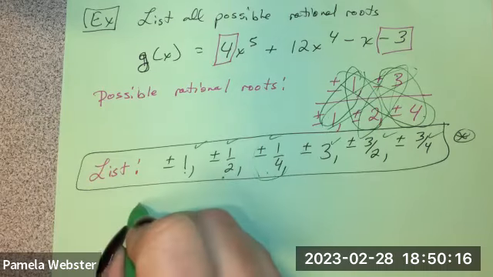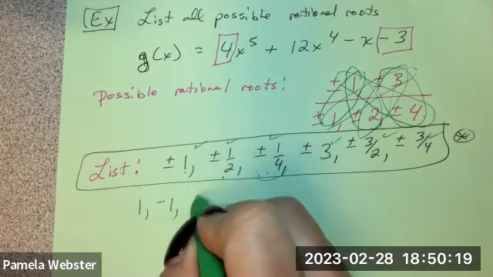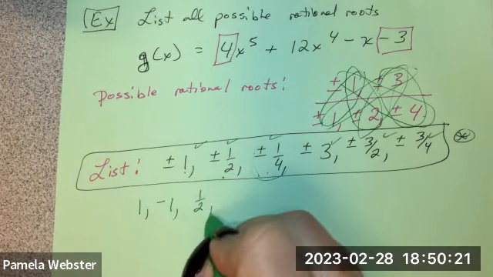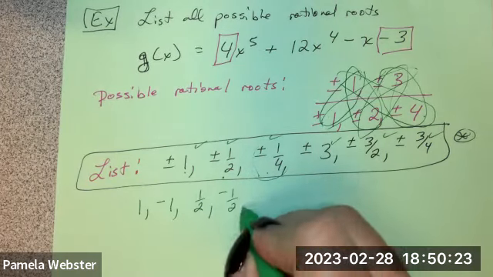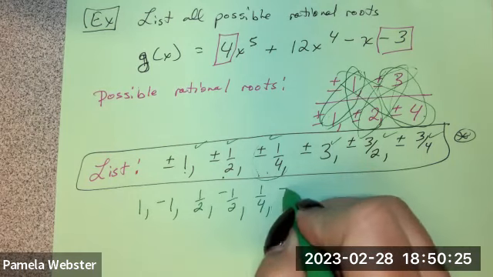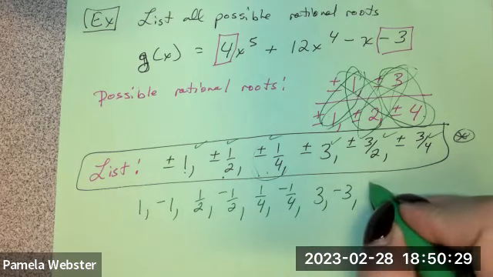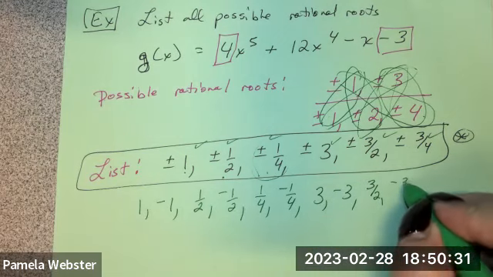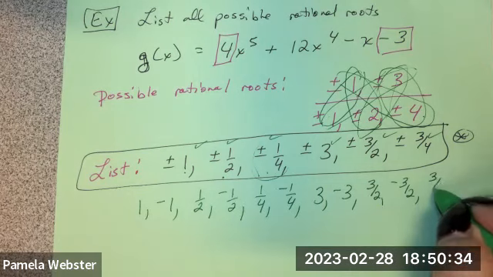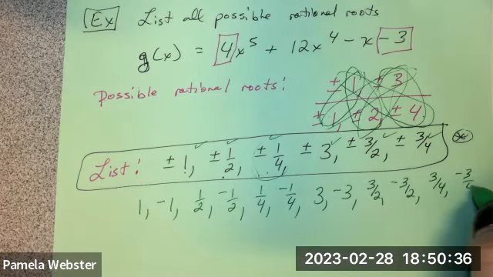So just real quickly, I'm not always going to do this, but I'm going to show you. 1 and a -1, 1/2 and a -1/2, 1/4 and a -1/4, 3, -3, 3/2, -3/2, 3/4 and -3/4, right?